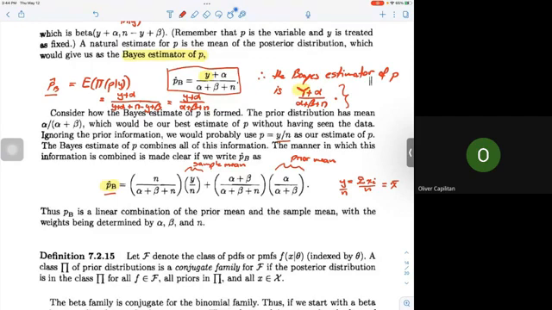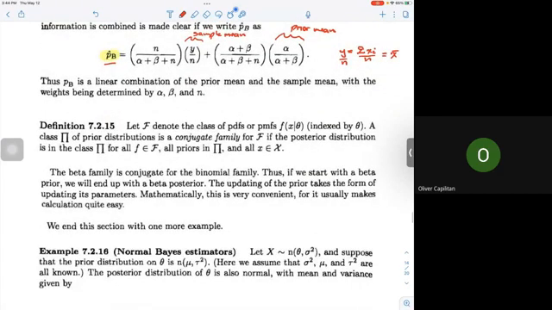So in general, for any sampling distribution, there is a natural family of prior distributions. We call it the conjugate family. So we have here in definition 7.2.15, we let script F denote the class of PDFs or PMFs indexed by our parameter theta.